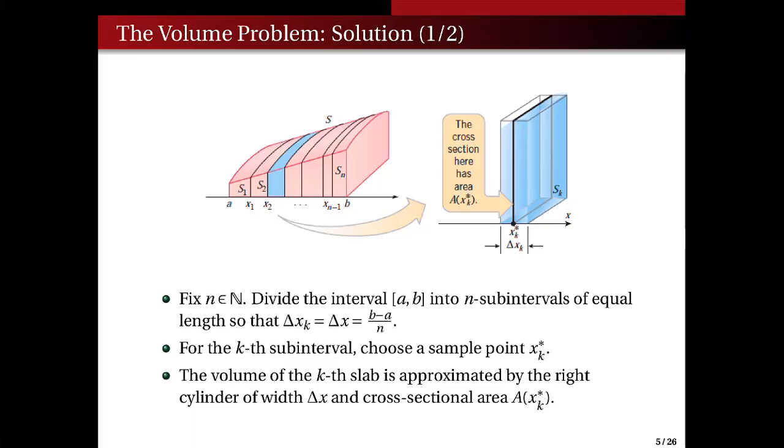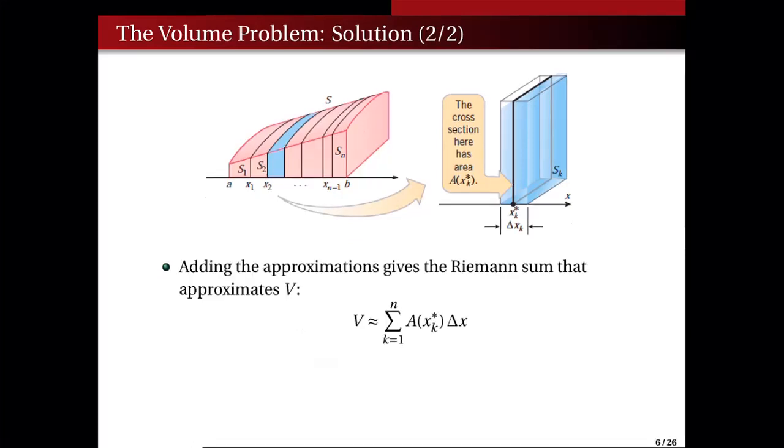If we add the approximations, we will have the Riemann sum, and the volume is approximated by that Riemann sum. So the volume is approximately equal to the sum of A of x sub k star delta x, where k runs from 1 up to n.